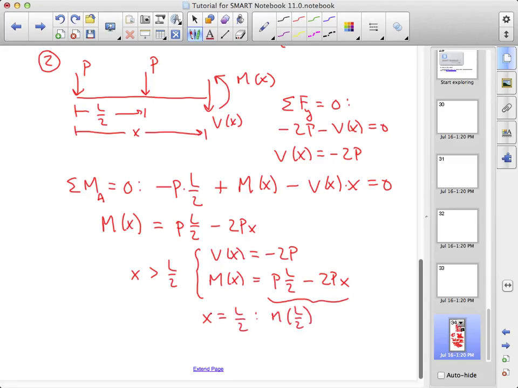According to this expression, it's PL over 2 minus 2P times L over 2, which is PL over 2 minus PL, which is minus PL over 2. Notice that that's exactly the same value that M will have from the first set of free body diagrams as we approach L over 2 from below L over 2.